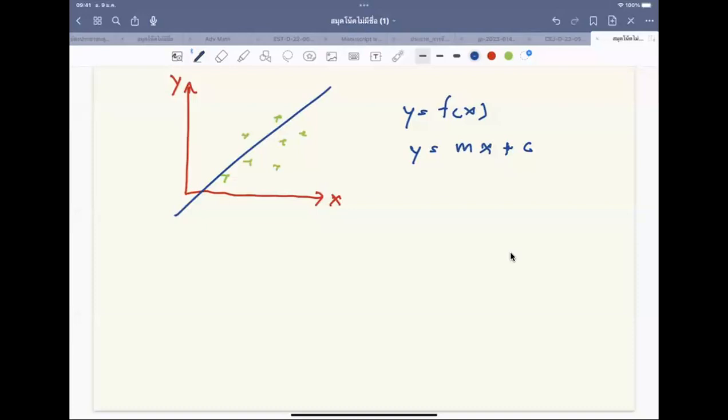Because a good approximation must yield the smallest error, right? What is error? Error is this, you know. Any deviation from the prediction. Of course, if we adjust m and c, it will lead to different error, right?